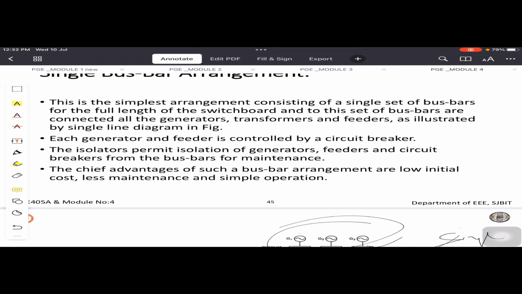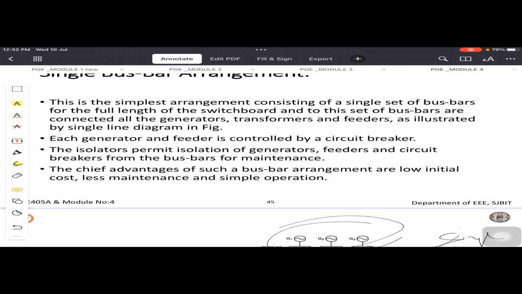So we can say this is one of the simplest arrangements of a substation, wherein you have only a single set of bus bars for the full length of the switchboard. Each generator and feeder is controlled by circuit breakers, and the isolators are used for isolation of the generators, feeders and circuit breakers from the bus bar for maintenance.